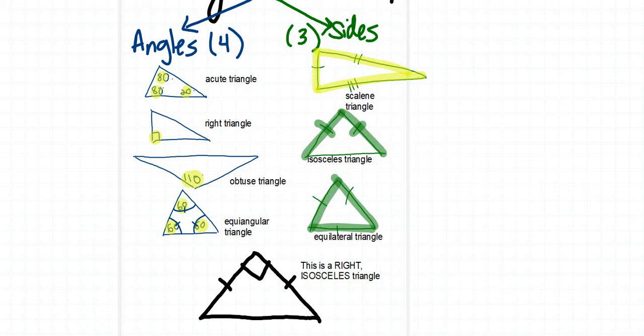This triangle right here is a right isosceles triangle. It's a right triangle because it has a right angle. It is isosceles because it has 2 congruent sides. So that's classifying a triangle by both its angles and its sides.